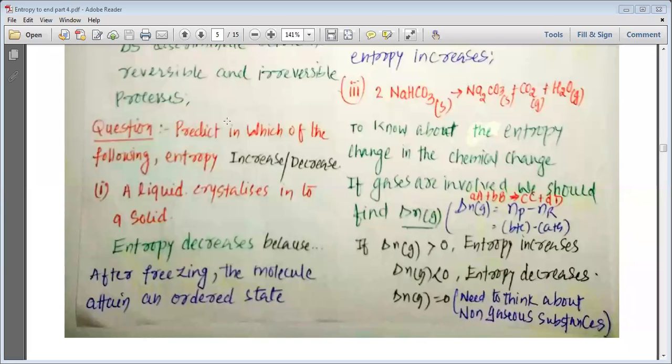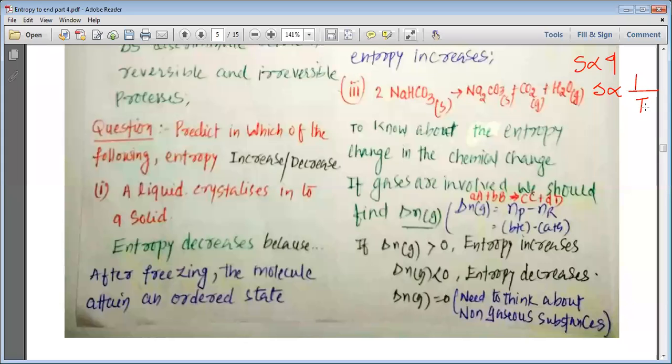So in the last period, we have studied about entropy. Entropy is the measurement of the disorderedness or randomness or chaos in the system. We have seen that entropy depends upon heat, that is Q, and entropy is inversely proportional to the temperature.